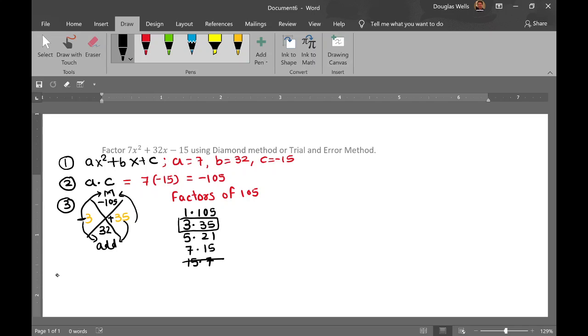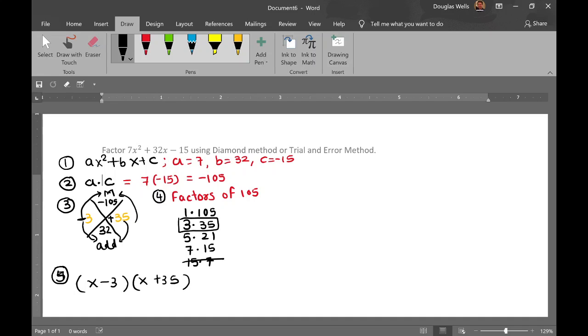Now notice one thing. Step number 4 is factor, and step number 5 is writing our answer. Somebody thinks, we just did this last example, I was writing x here and x here, keeping negative 3 with the first factor and positive 35 with the second factor, and this is my answer.